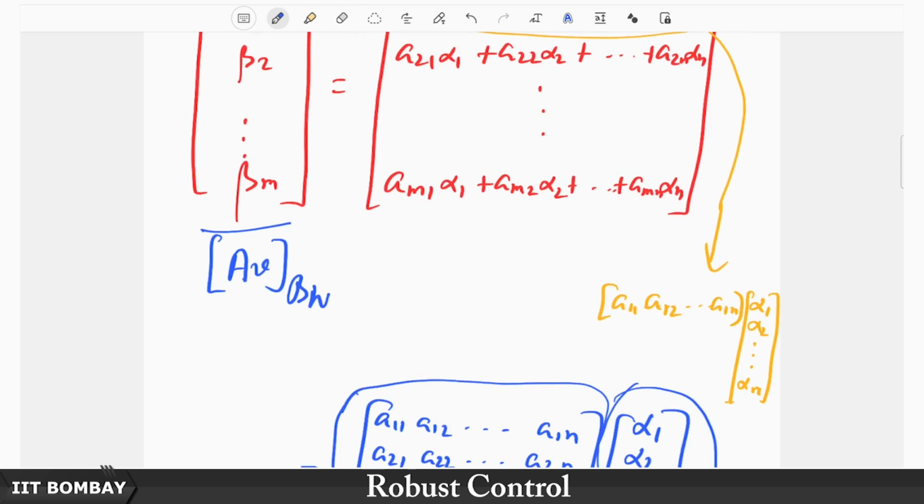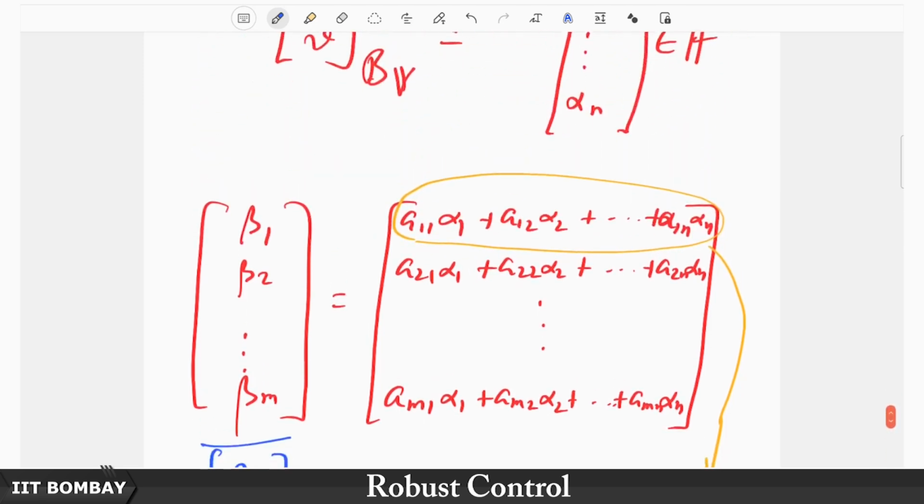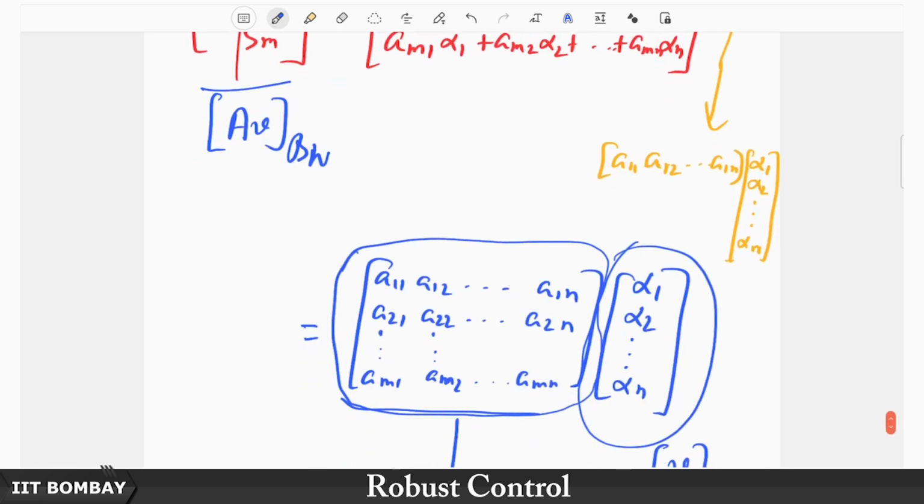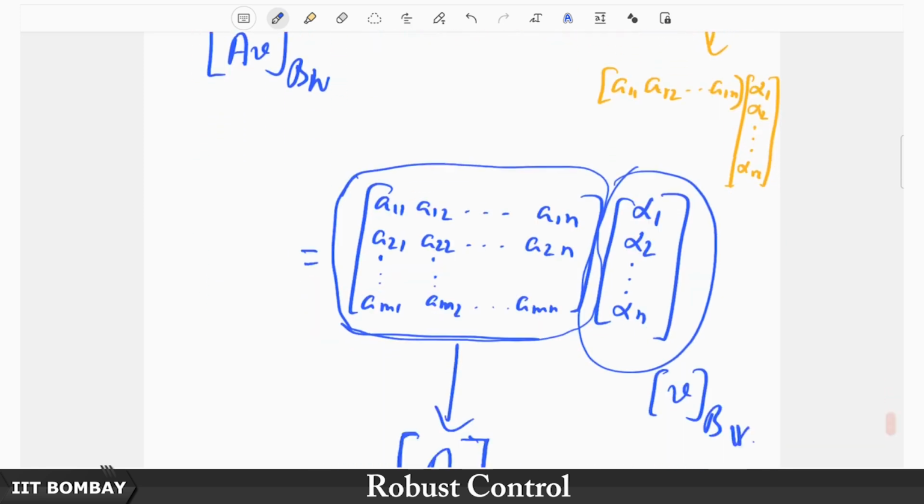So, that is why this word operator is slipping into my speech quite often, maybe a little incorrectly in this context, because we have not assumed that M is equal to N here. We have not assumed that V and W are the same vector space. They are allowed to be different vector spaces, in which case the dimensions could also be different, and therefore, this matrix need not be a square matrix.